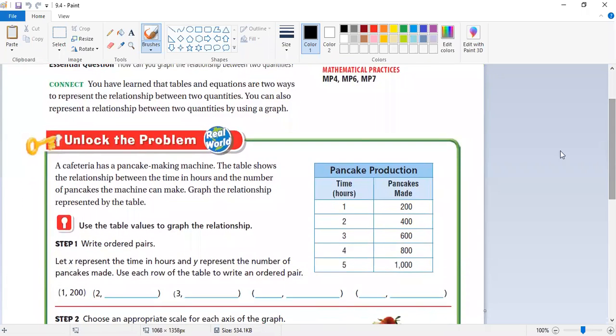Okay, did you all complete this part? So this is going to be 2.